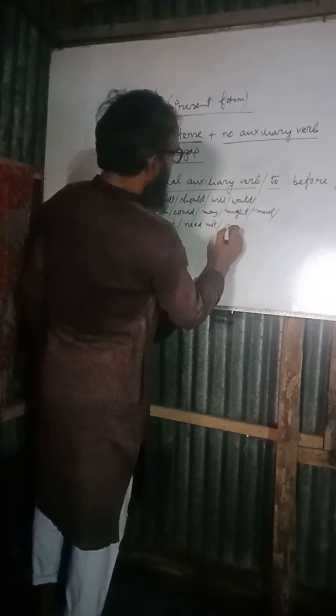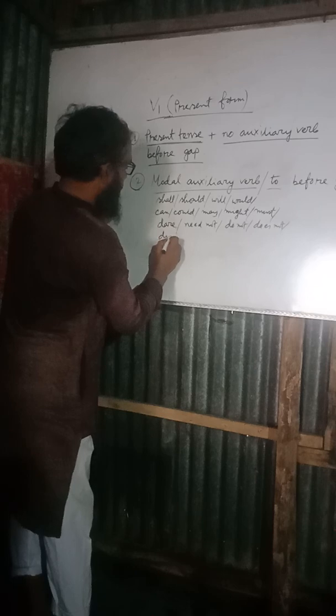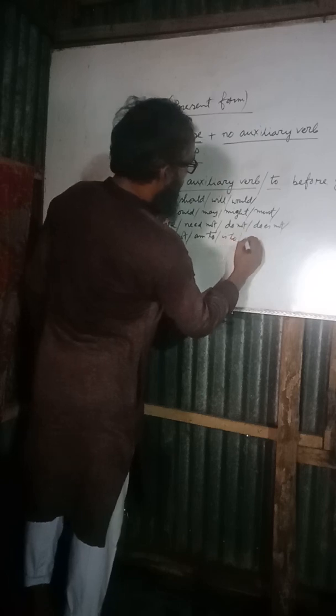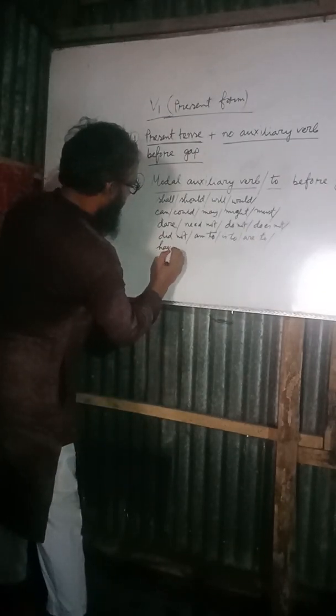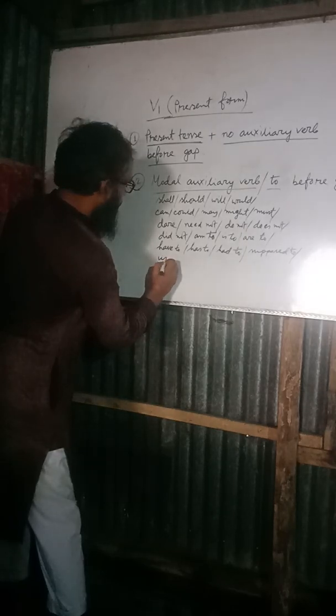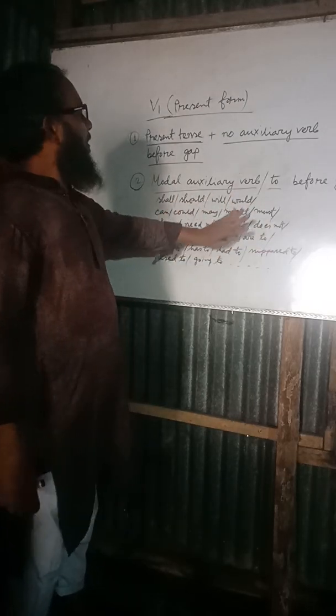need not, do not, does not, did not, am to, is to, are to, have to, has to, had to, supposed to, used to, going to, etc. These are the main modal auxiliaries.